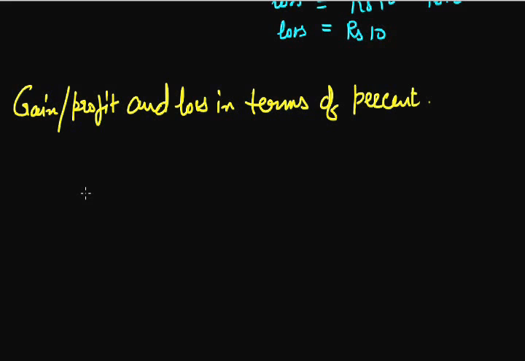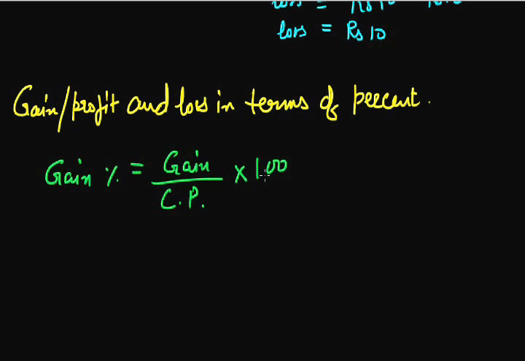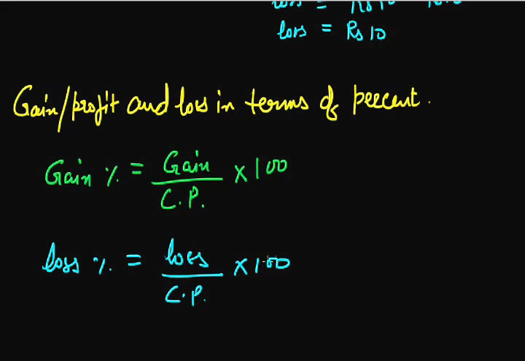We calculate gain and loss percent always with respect to cost price. That is, gain percent is equal to gain upon cost price into 100, and loss percent is equal to loss upon cost price into 100.